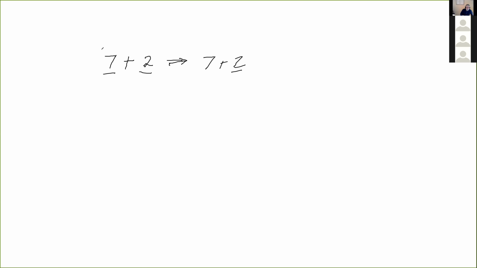Now, why is this in here? This is in here because I can take this left one and it goes to 7. So this is my A1, this is my A2, this is my A1 prime, and this is my A2. And so 7 goes to 7.